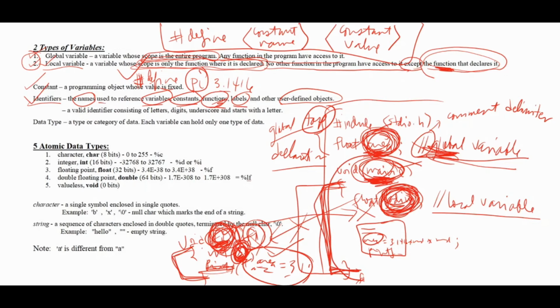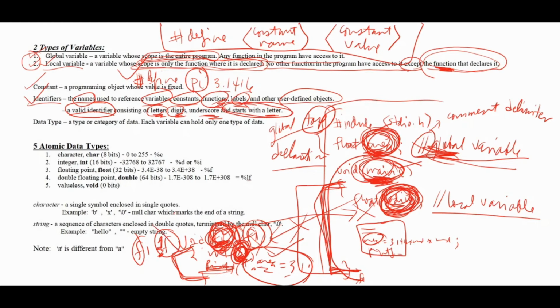And a valid identifier consists of letters, digits, underscore, and starts with a letter. So is F1 a valid identifier? Yes, it is. It contains a letter and a digit and it starts with a letter. So when you say 1F, is this a valid identifier? It is not. Why? Because it starts with a digit. A valid identifier has to start with a letter.